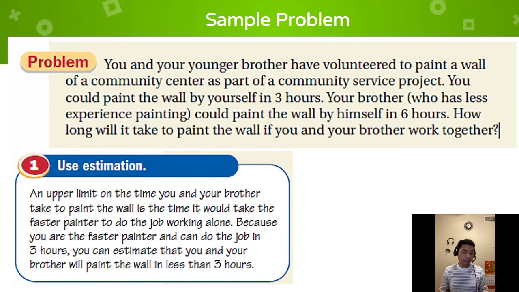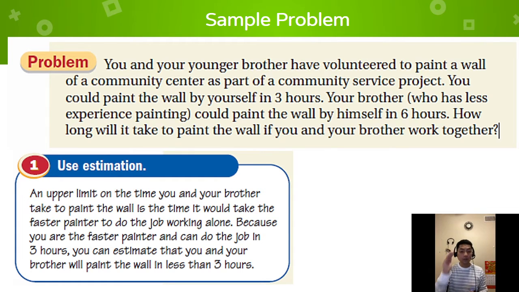We use estimation. Now, the upper limit on the time you and your brother take to paint the wall is the time it would take the faster painter to do the job working alone. So since you are the faster painter, then we can say generally that you are the upper limit, right?